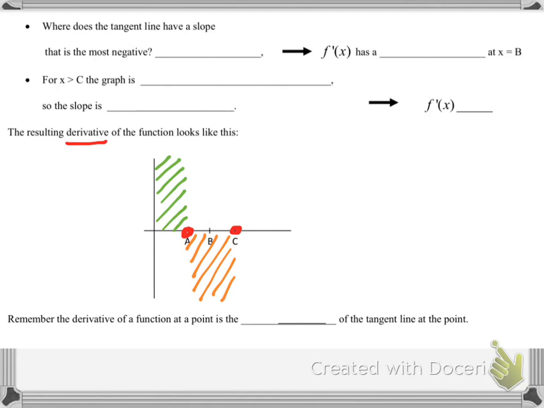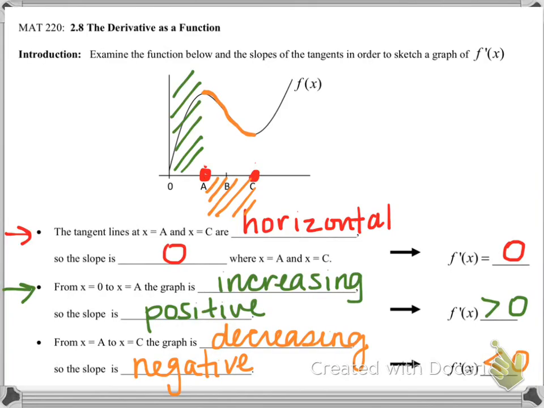So now let's look at the next bullet point and take a look at where the tangent line has a slope that is most negative. So going back to our original graph, in this orange region here, we said this was where the slope was going to be negative.